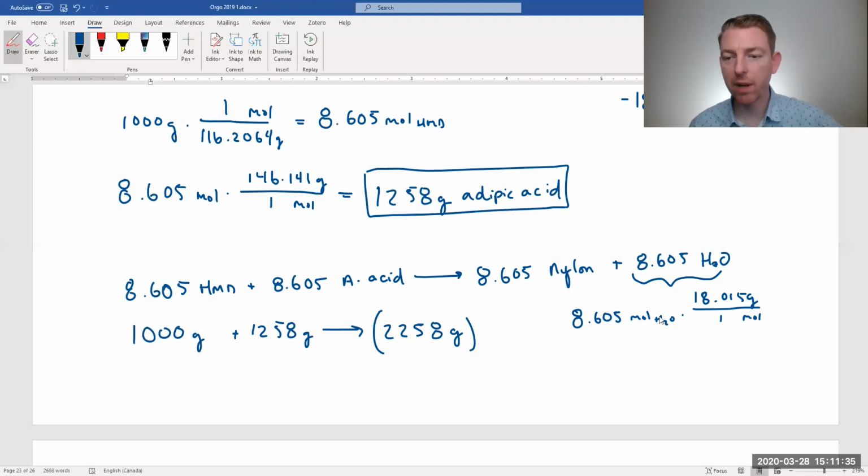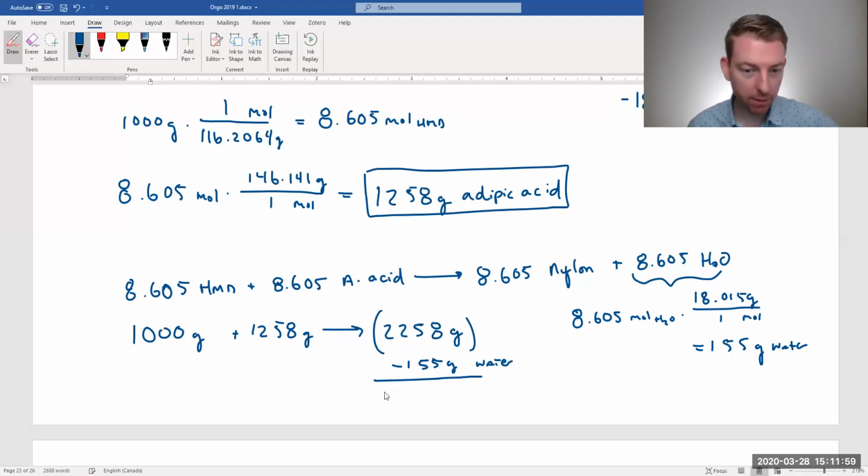So 8.605 moles times 18.015 grams per mole gives us 155 grams of water. So it has to be this minus 155 grams, which is water, gives us a final amount of 2,103 grams of 6,6 nylon.